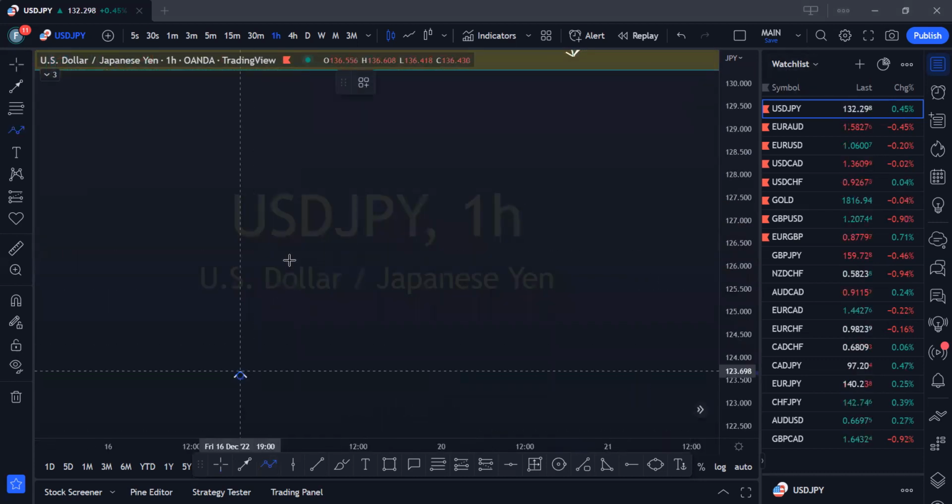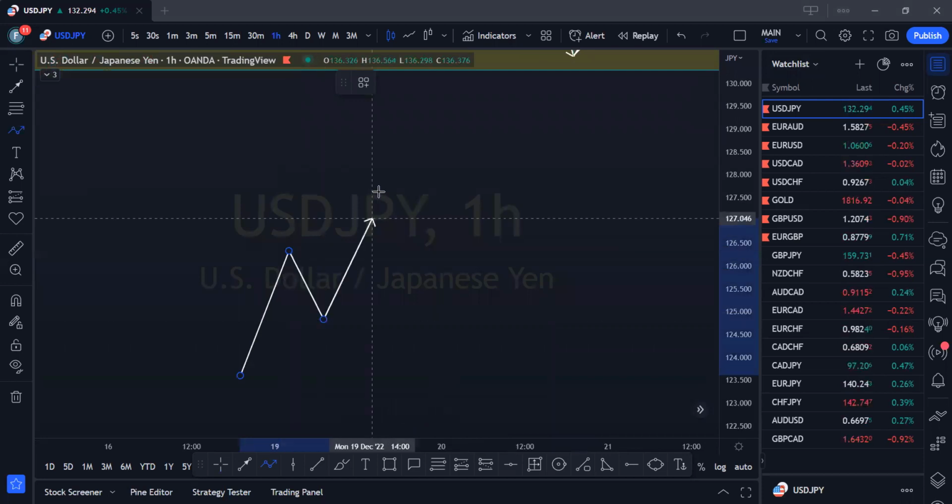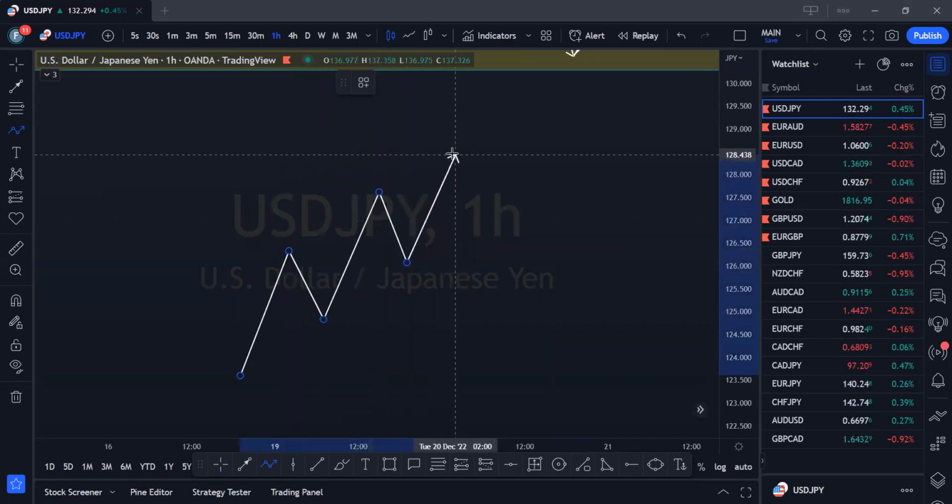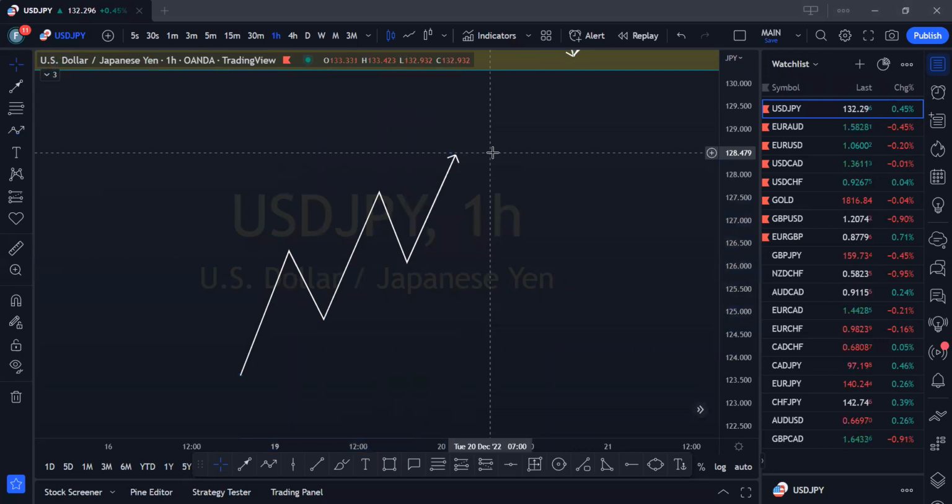Let's say price is in an uptrend. In an uptrend like this, the safest thing that you can do is to look for buy opportunities, right? Not that you cannot sell in an uptrend, but it's a lot more risky.